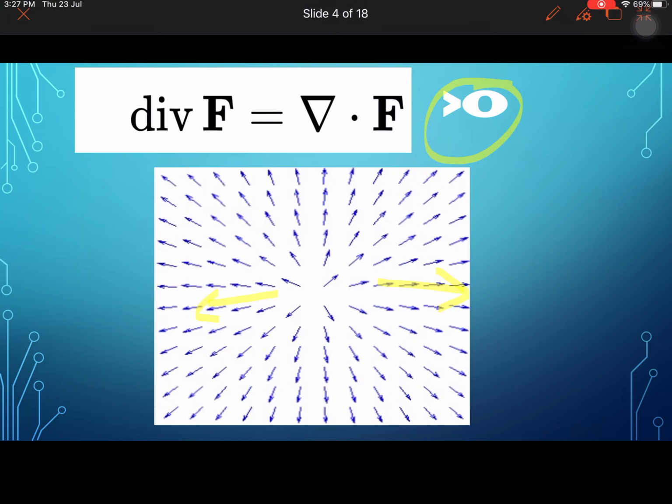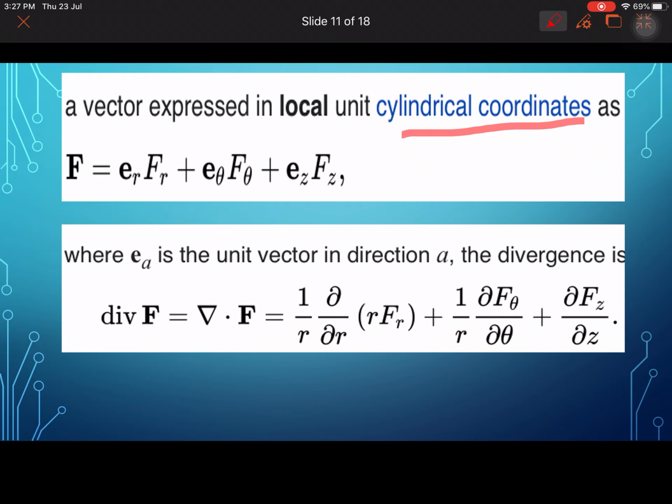In the cylindrical coordinate system, f bar is defined as er into fr plus e theta into f theta plus ez into fz. Here we have fr, f theta and fz, along with er, e theta and ez.